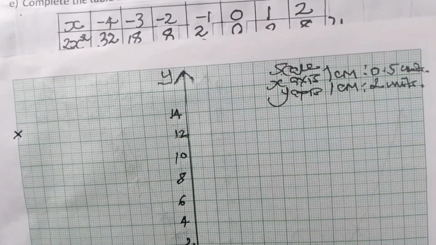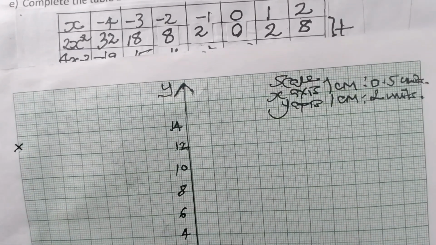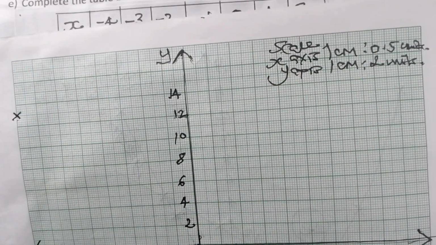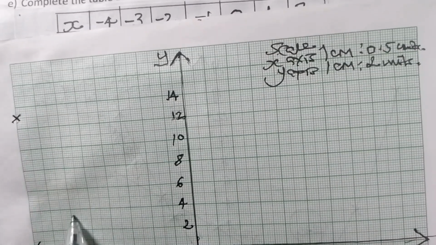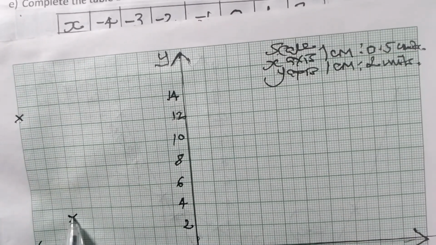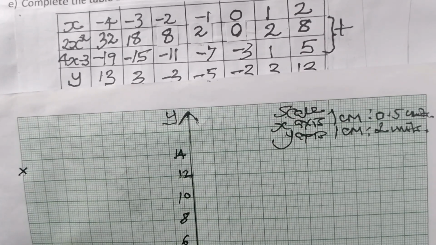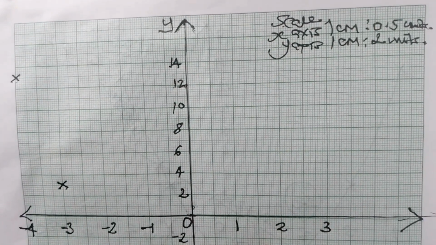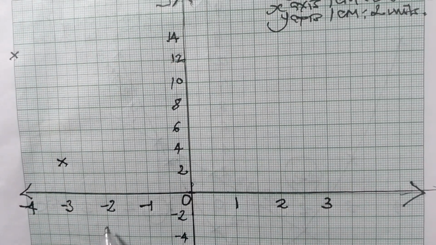When x is -3, y is 3. Put a mark. When x is -2, y is -3. So get -2 and -3.